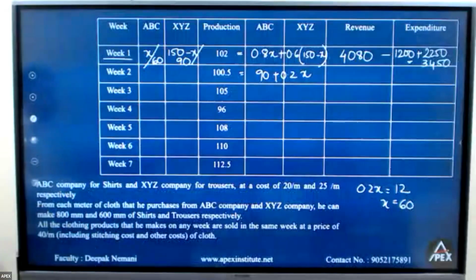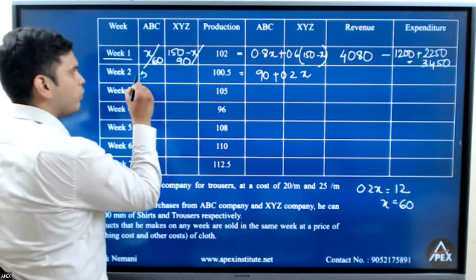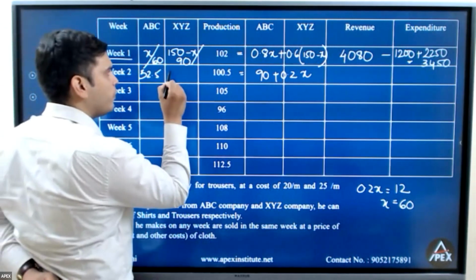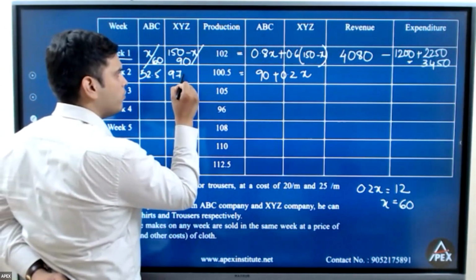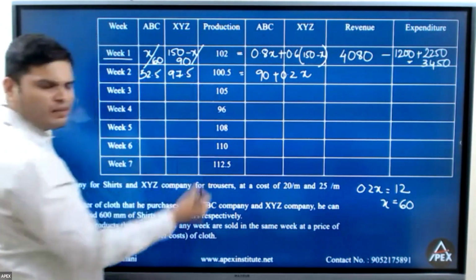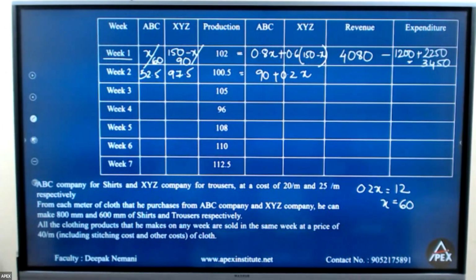This is equal to 100.5. So what is x here? 10.5 by 0.2, that is 52.5. So if x is 52.5, 150 minus x will be 97.5, right? 100 minus 2.5, 97.5.